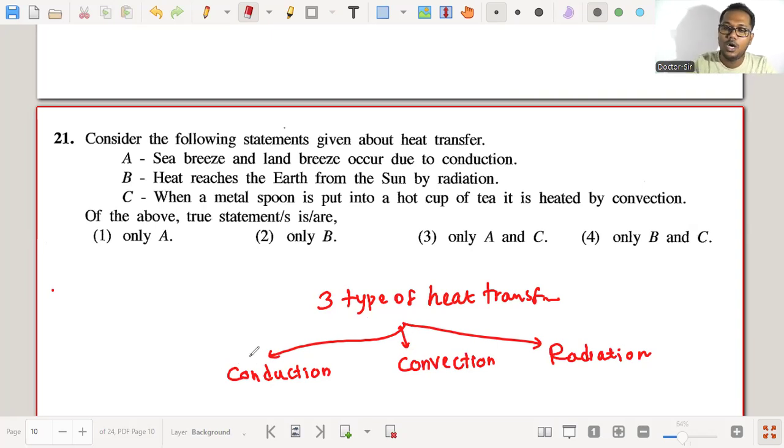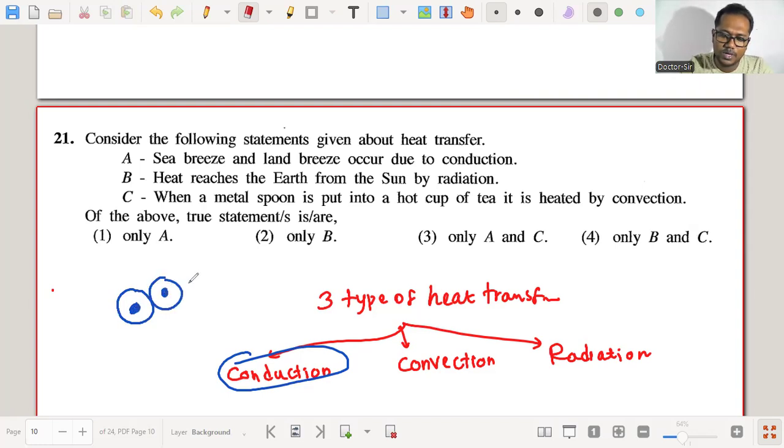So we should know how this conduction happens. Basically, all things are made of atoms.